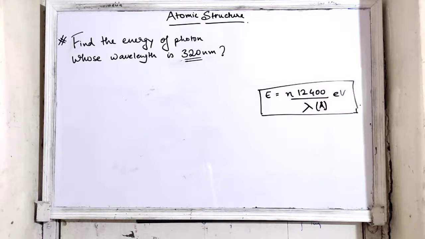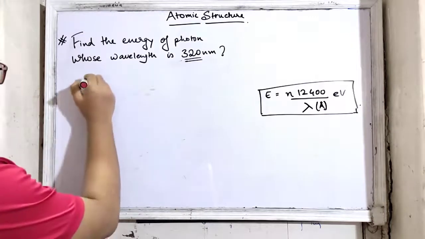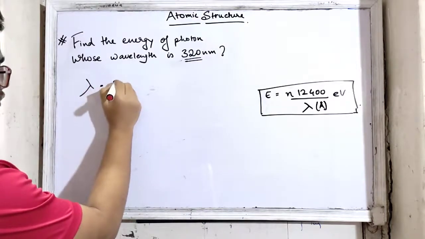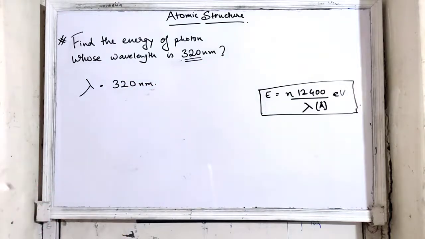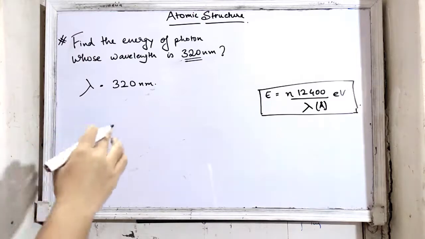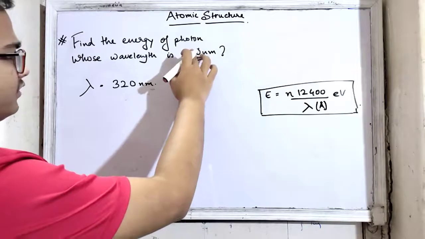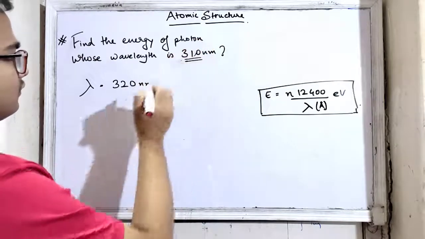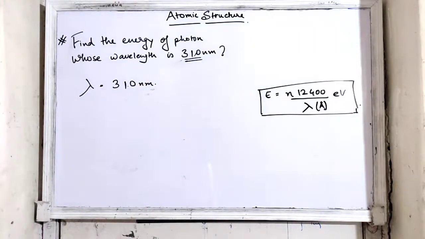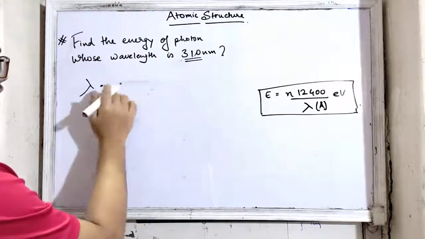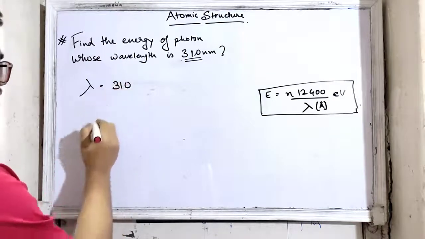So let's begin. What is given? Lambda equal to 320 nanometer. Let's take this not 320, let's take it 310, calculation will be easier. So 310 nanometer, let's convert it to angstrom.